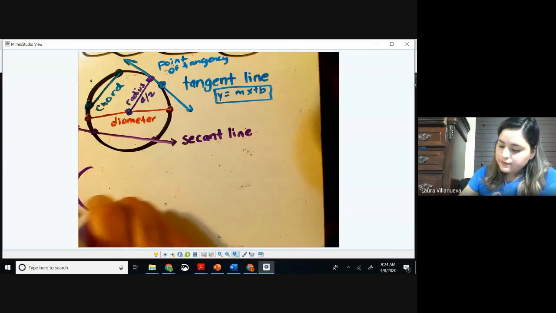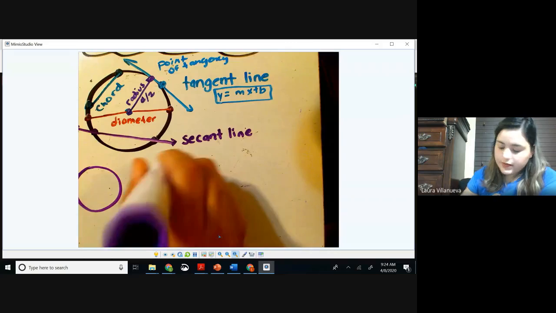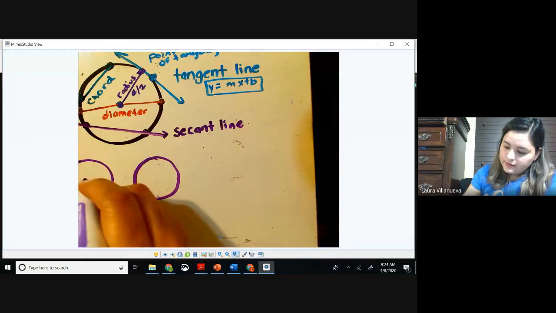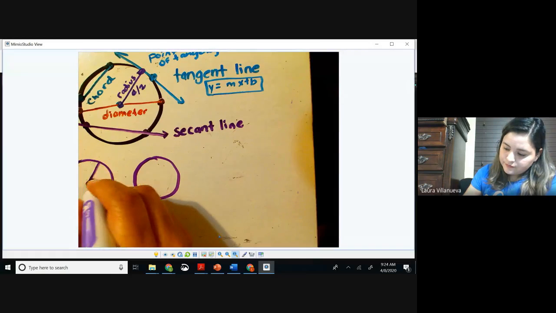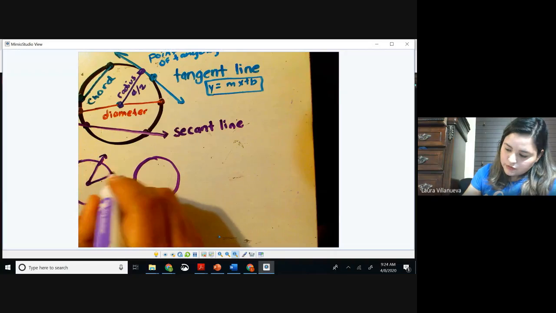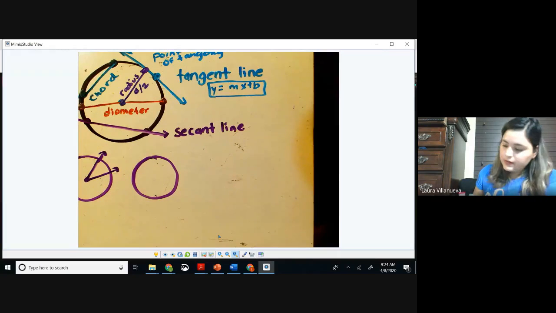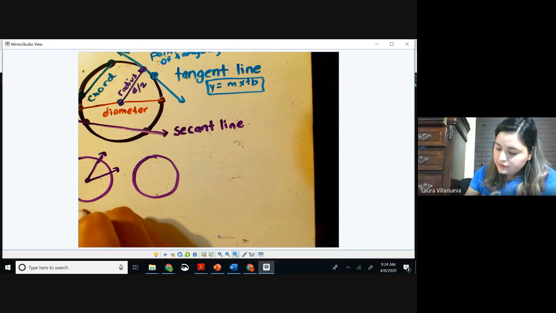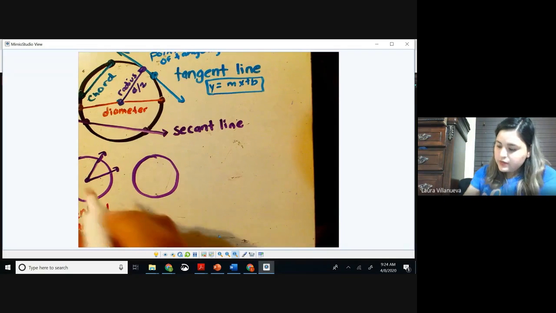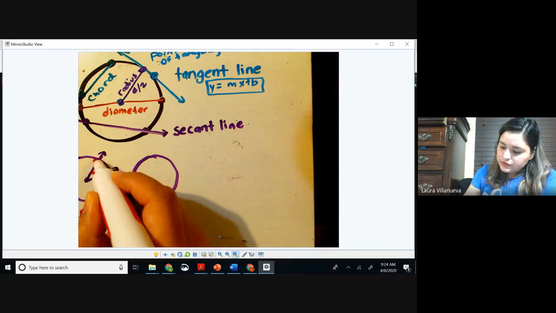And then we have two different angles. I'm just going to go ahead and do this all the way. This is called a central angle, and this is equal to this.